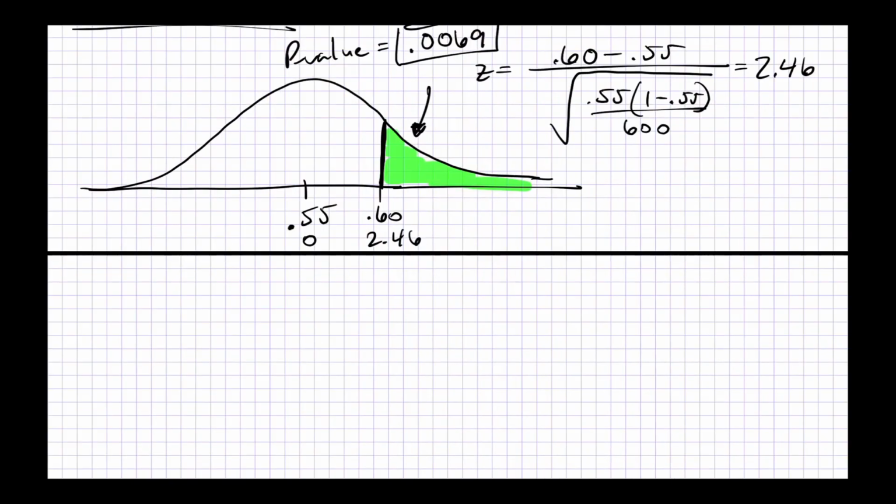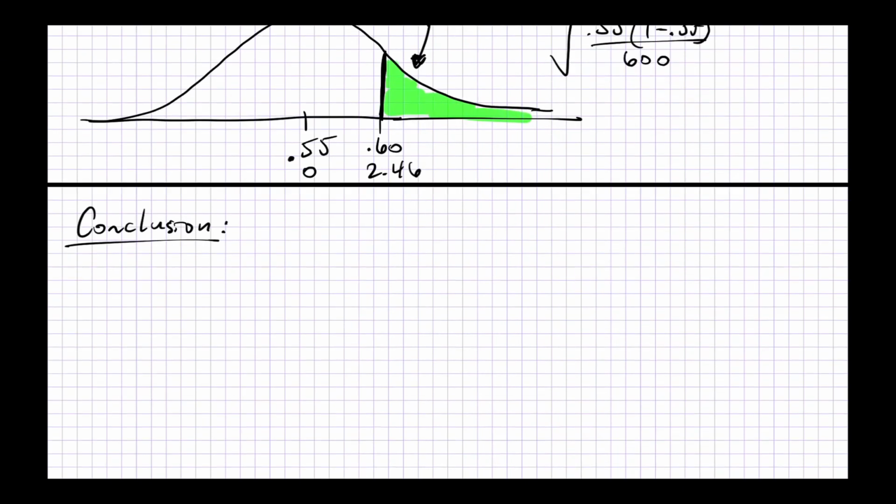The last step is our conclusion based off our calculations. Our conclusion needs three things. The first thing is we need to compare the p-value and the alpha level and see which one was greater or less. So we're going to put: since the p-value, 0.0069.